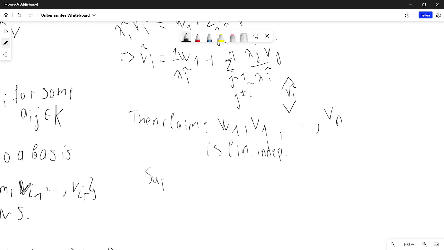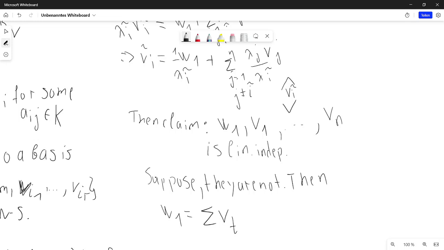Suppose they are not, then another one equals a two lambda t. Okay, lambda t. Let's call it lambda t theorem, right?